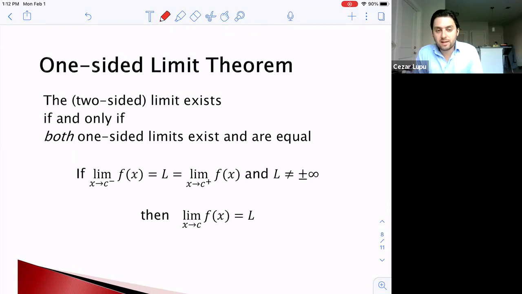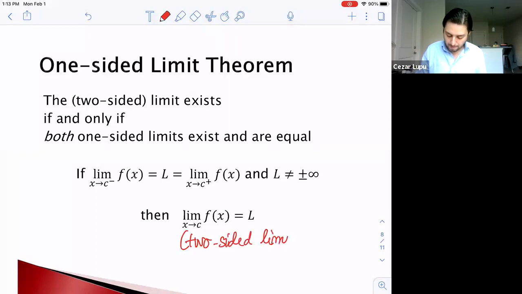The two-sided limit exists if and only if both one-sided limits exist and they're equal.